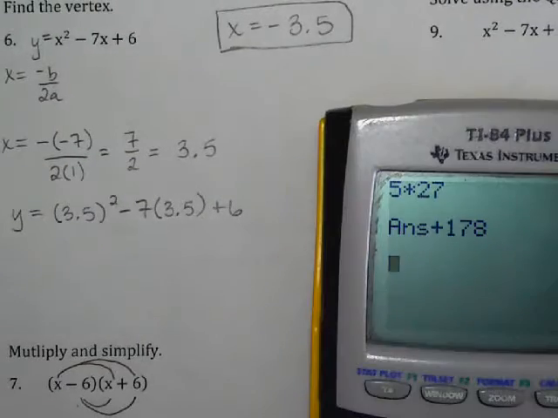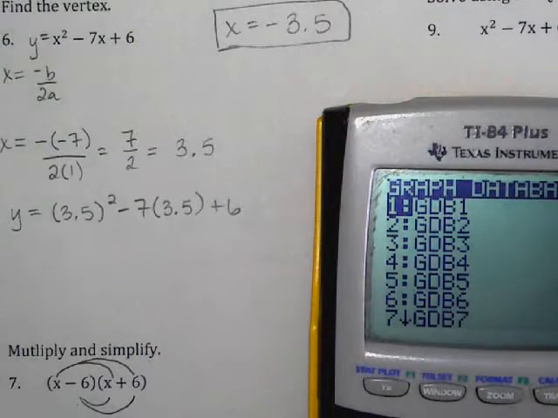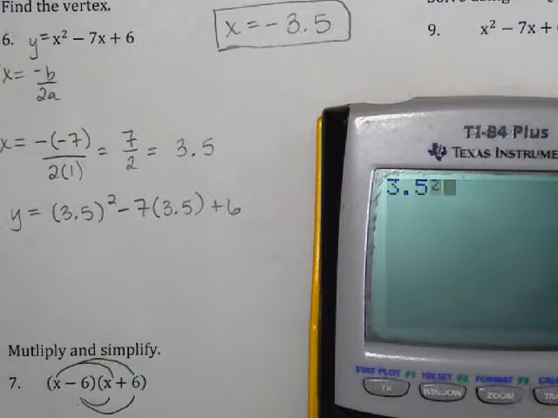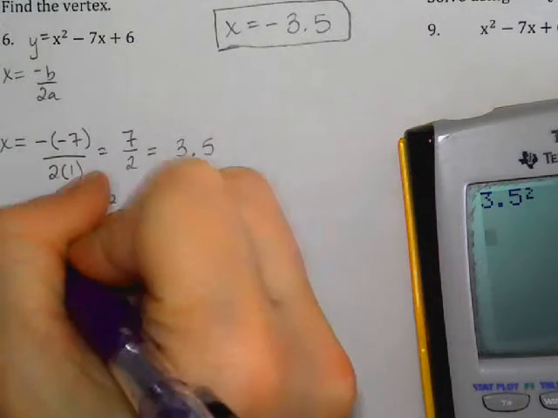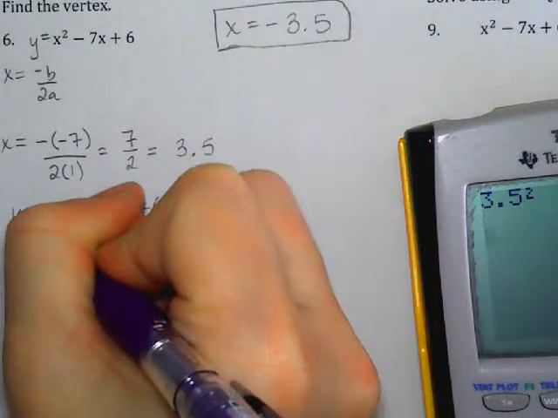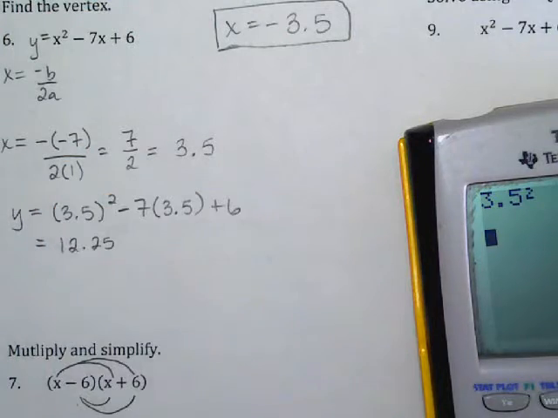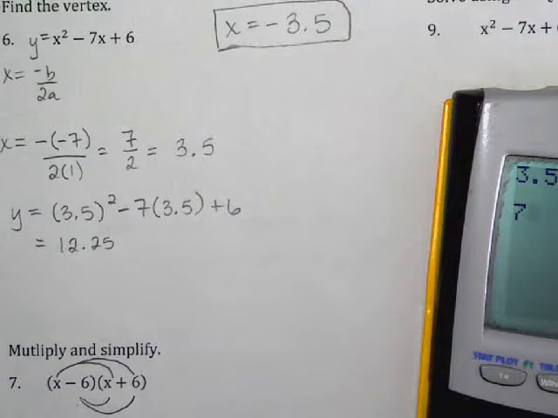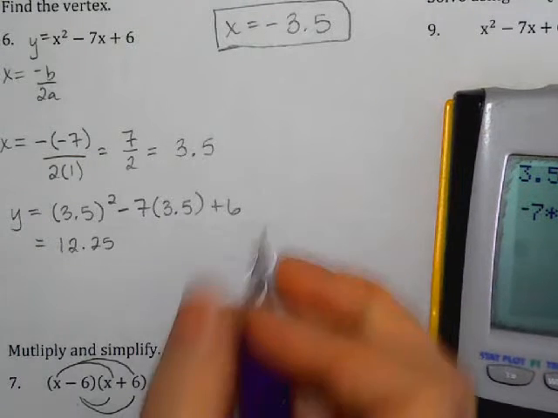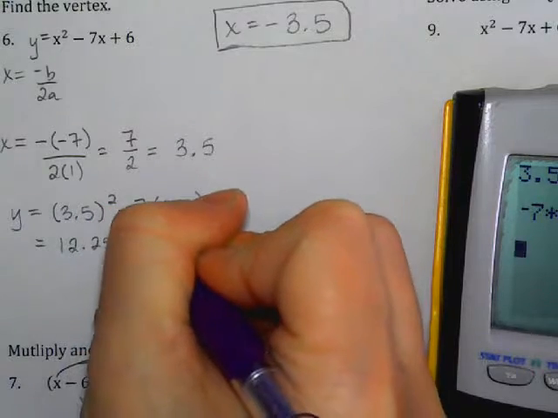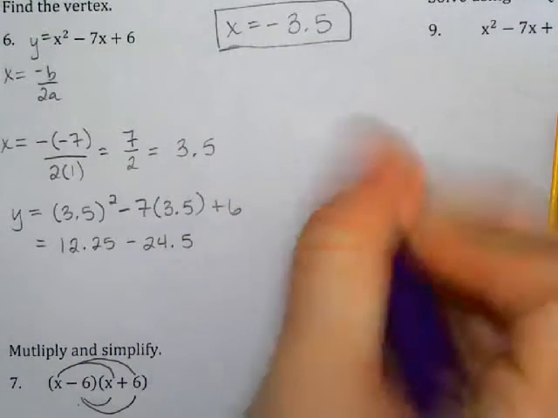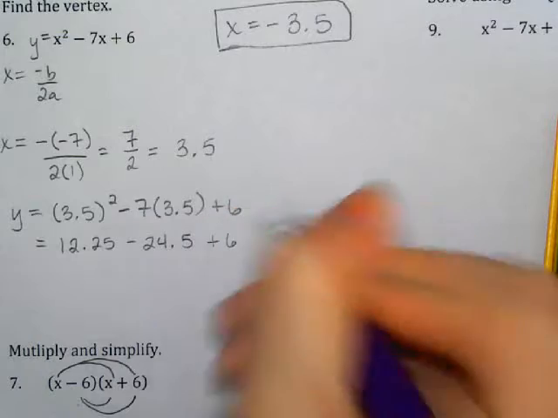So, as I simplify this, 3.5 squared is 12.25. Negative 7 times 3.5 is negative 24.5. And then I drop down that plus 6.